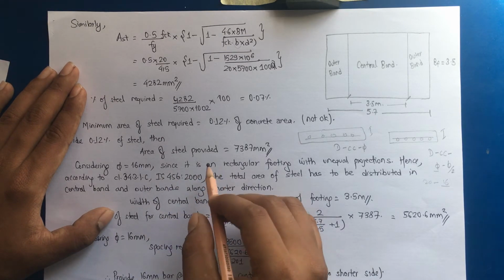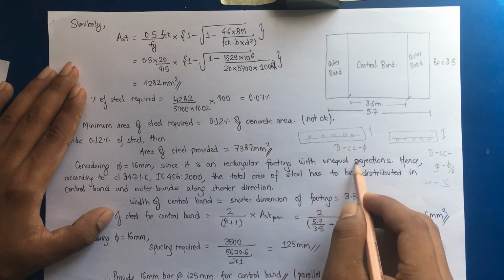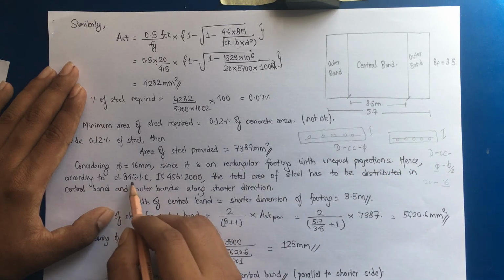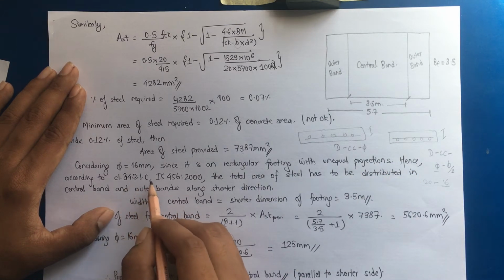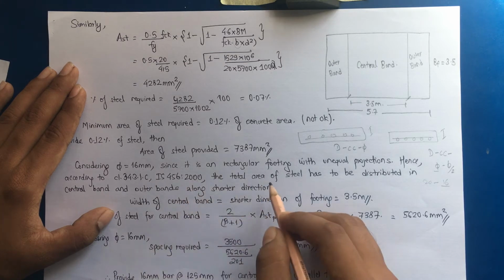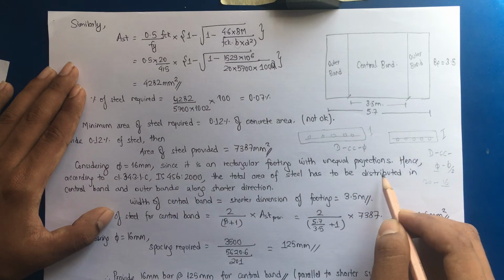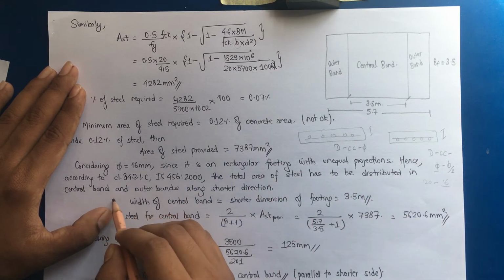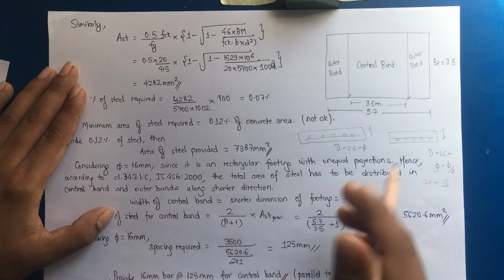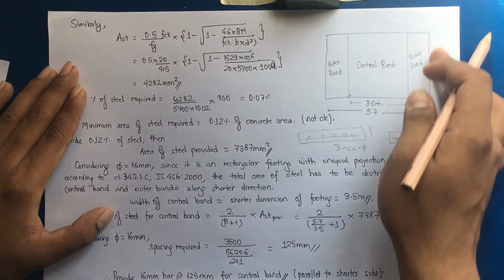Since it is a rectangular footing with unequal projection, hence according to clause 34.3.1.c of IS 456-2000, the total area of steel has to be redistributed in the central band and outer bands along the shorter direction.